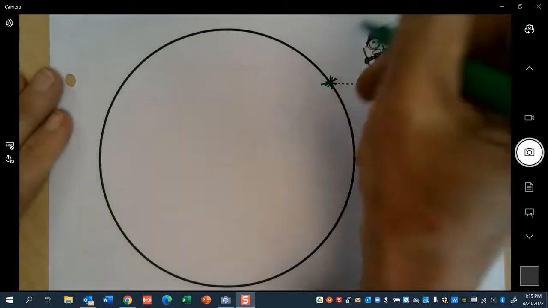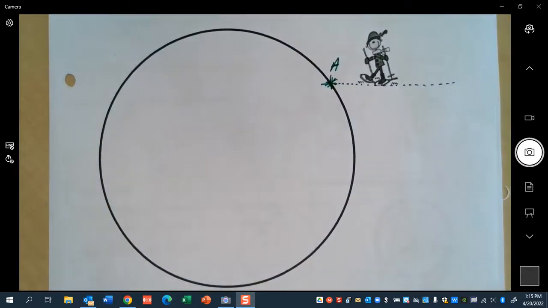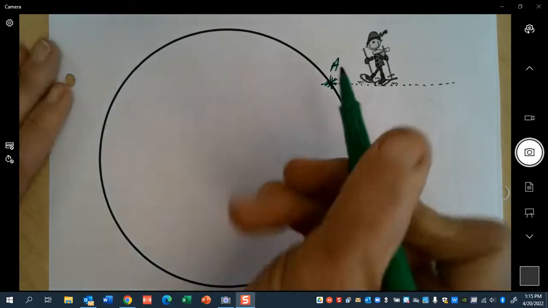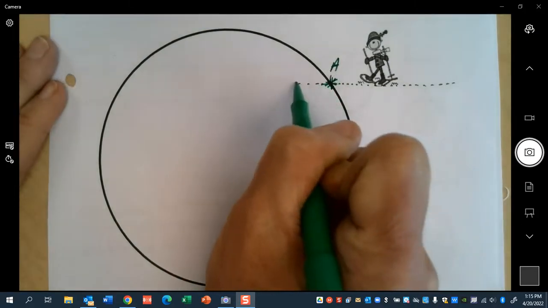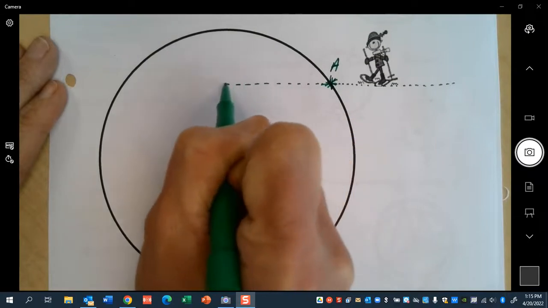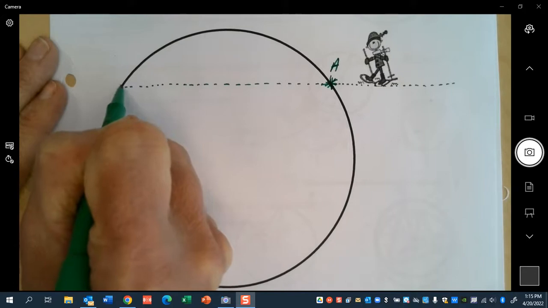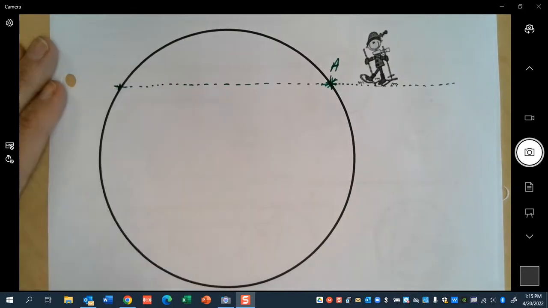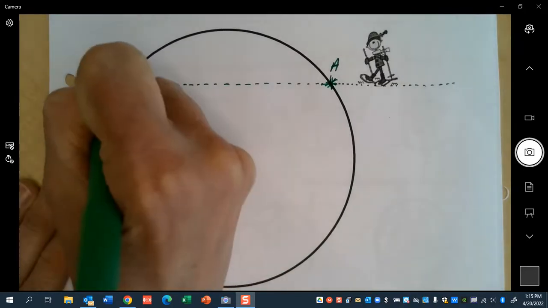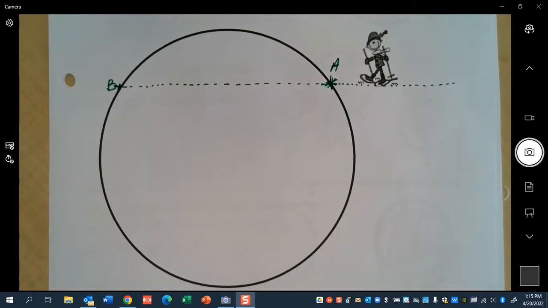So he marks this point A. And then he continues walking in a straight line, listening to my signal until my signal stops. And he marks that point B. That's where he doesn't hear my signal anymore.